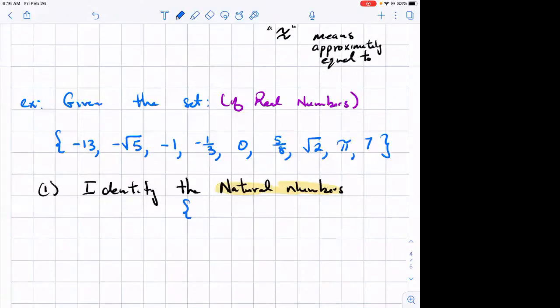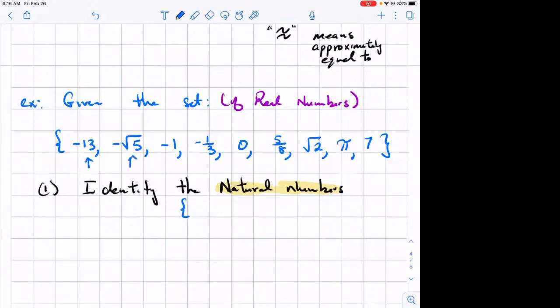It has to be positive. Let's correct our braces properly. Negative 13 wouldn't work because it's negative. This is also negative, that's negative, that's negative. 0 is not negative, it's not positive, so no, we don't start from 0. 5/8 is a fraction.